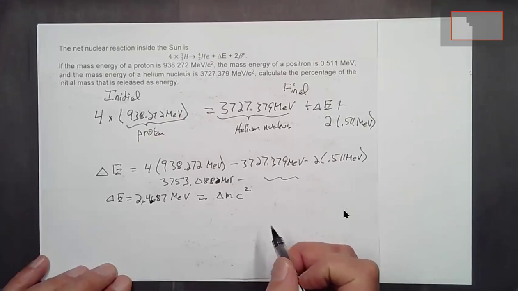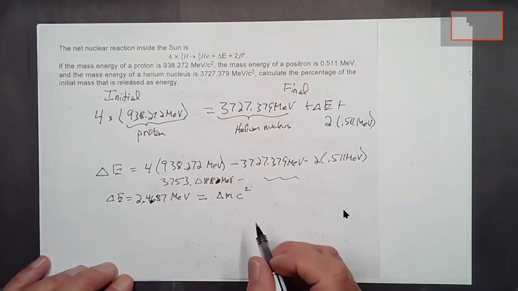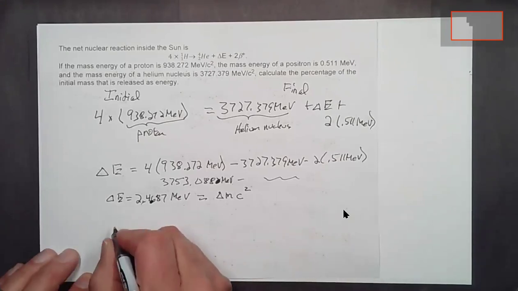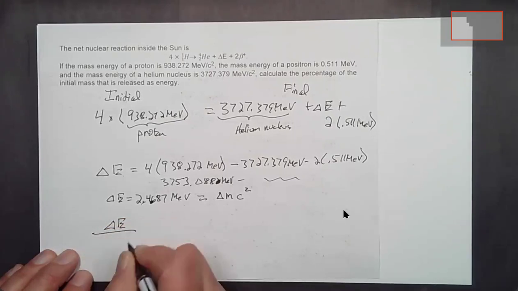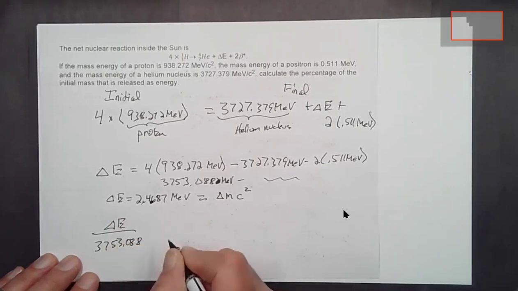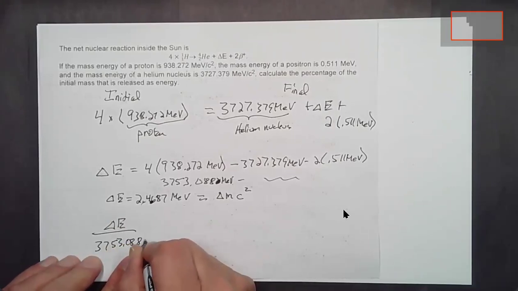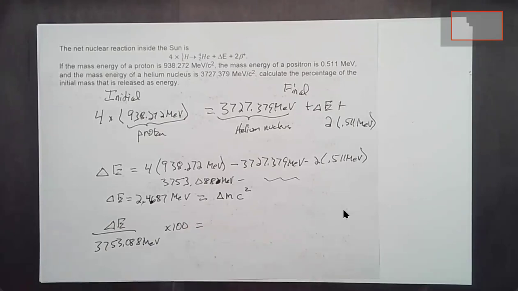So, yeah, delta E over the initial E, over 3753. Oh, if they want a percentage, times 100 will equal the percentage.